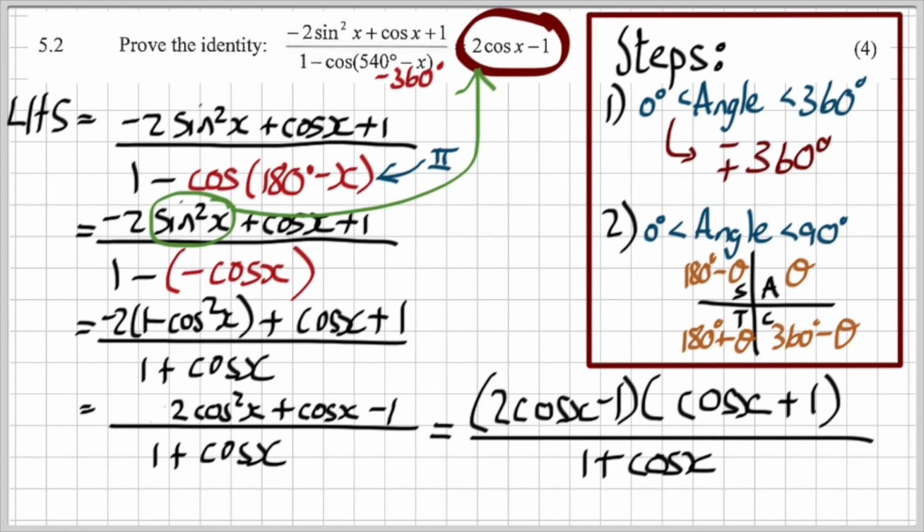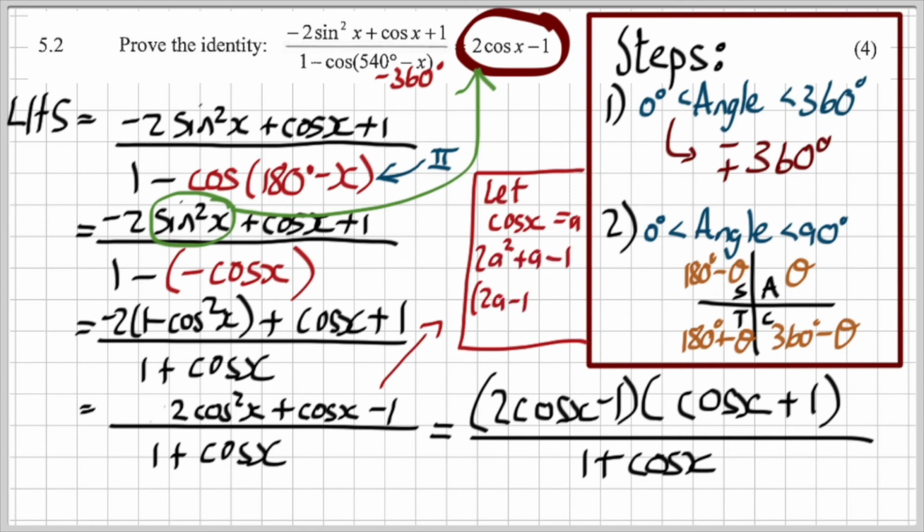Now, I know from a lot of experience working with grade 11s and 12s, my students struggle with this factorization. So what I advise my students to do, roughly on a piece of paper or next to the sum on the question paper, in pencil, is make cos x equal to a, for instance.